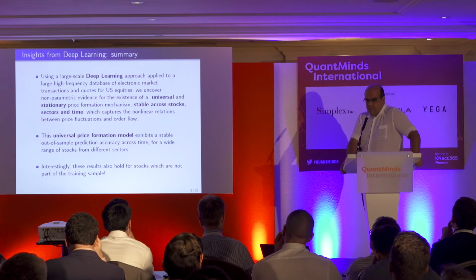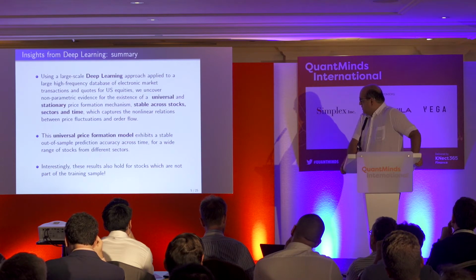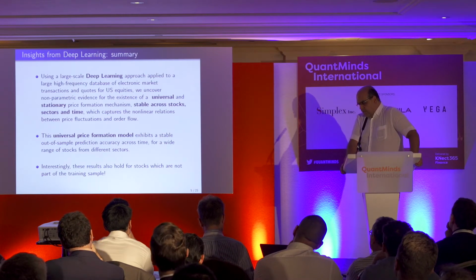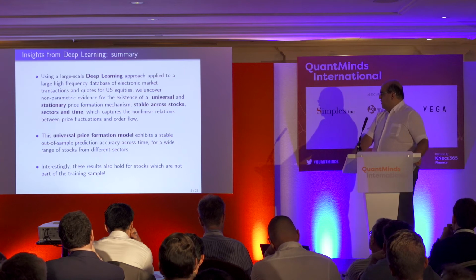So we're going to have 5 years of tick-by-tick data for all stocks traded on the NASDAQ. All the order book events are included. And we train a deep neural network on this data set. I will explain the architecture and how it's done.